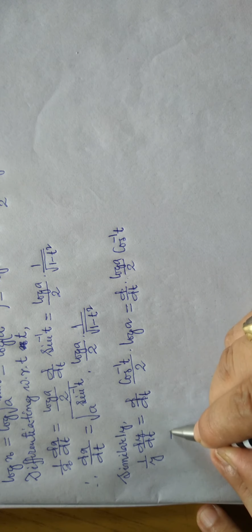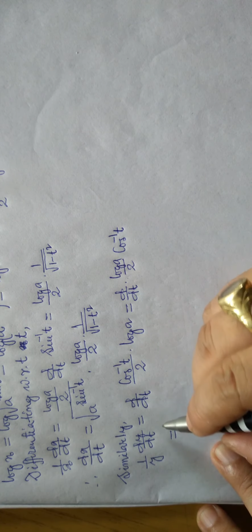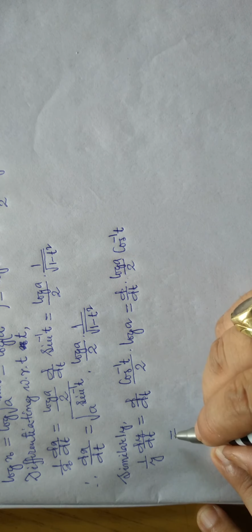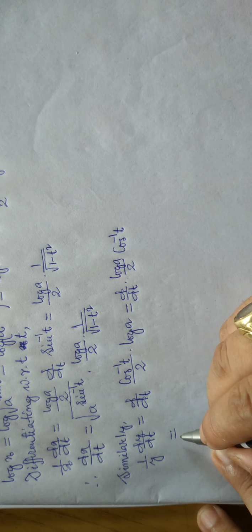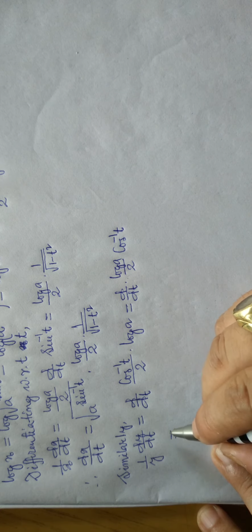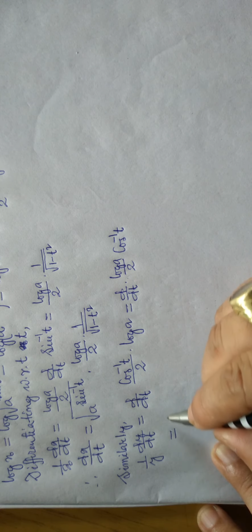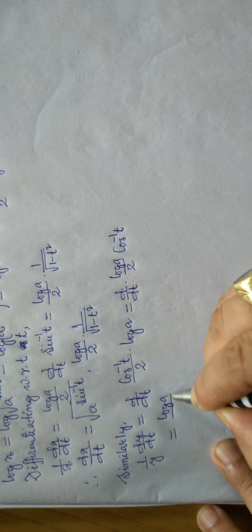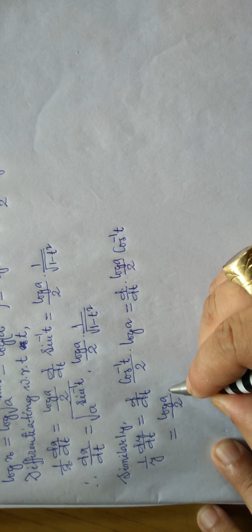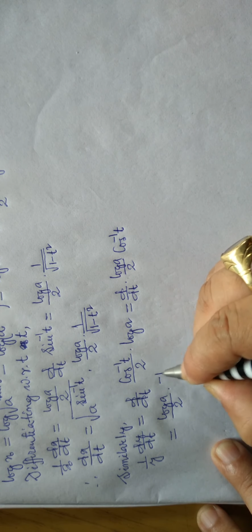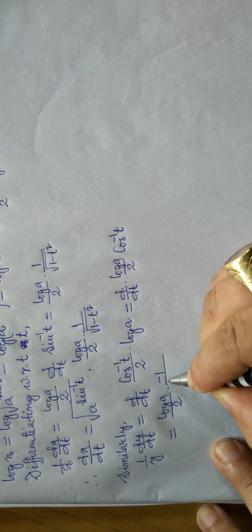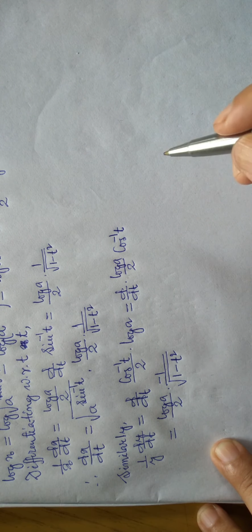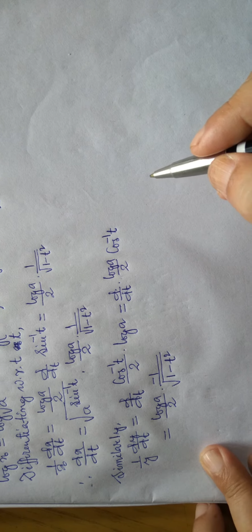Then this is equal to log a by 2 and then minus 1 by root over 1 minus t square, right? Okay, these are the things.